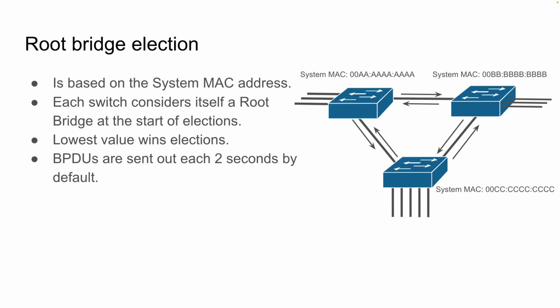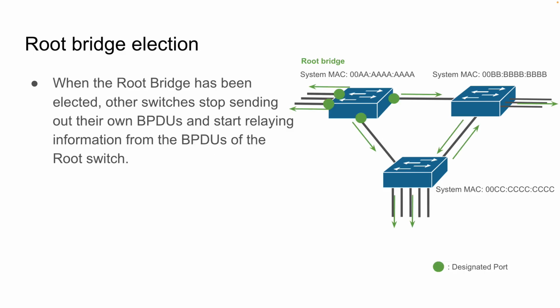Finally, only the switch that has the absolute minimum system MAC address continues generating and sending out its own BPDU frames. BPDUs are sent out every 2 seconds by default. This is a standard default timer.